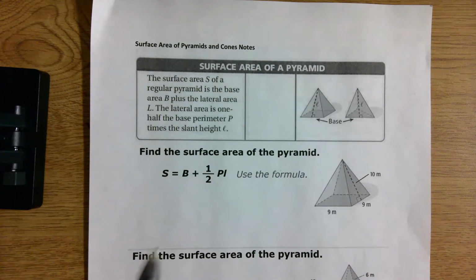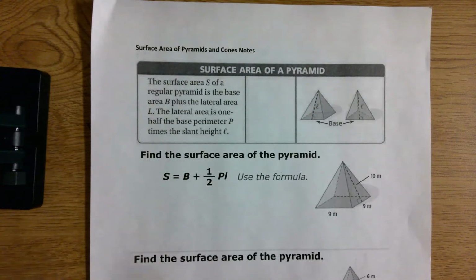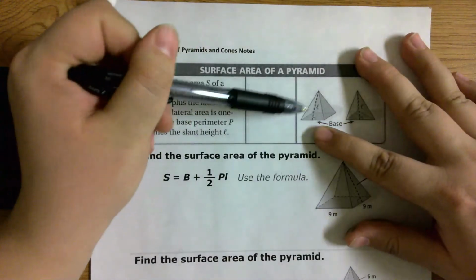So the surface area, S, or SA as we've been writing it, of a regular pyramid is the base area plus the lateral area. The lateral area is these triangles.